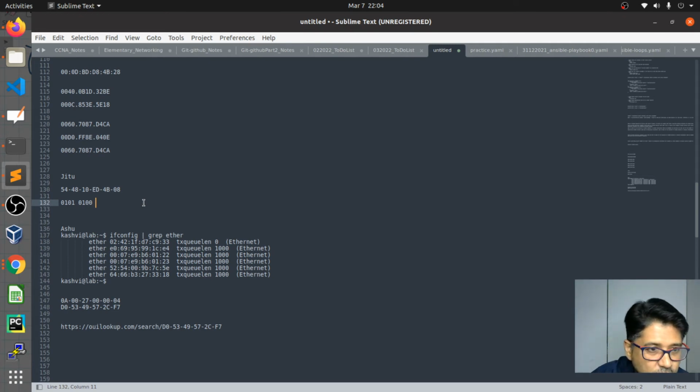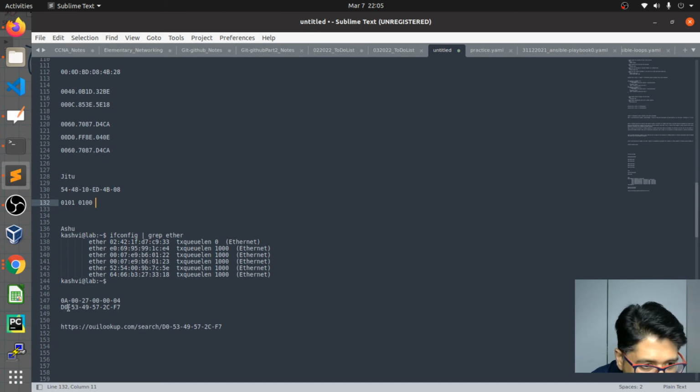So every hex digit I represent in 4 bits. So 4 plus 1, 5. This is the 5 and this is the 4. So if I take the first 2 bits, that's a unique global. So Jitendra, your global unicast MAC. You will find maximum PCs have a MAC address that belongs to the global unicast.